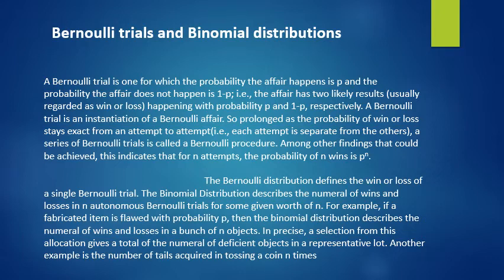For example, if a manufactured item is defective with probability p, then the binomial distribution describes the number of wins and losses in a batch of n objects. In particular, a selection from this distribution gives a total of the number of defective objects in a representative lot. Another example is the number of tails obtained in tossing a coin n times.